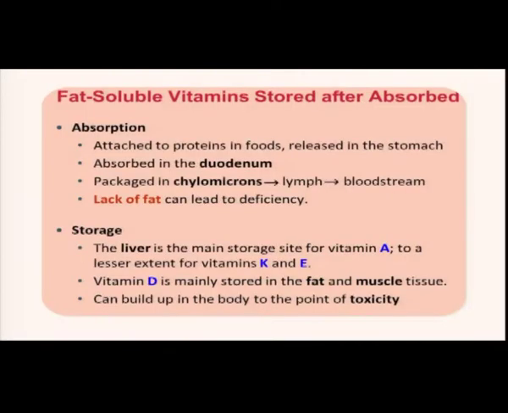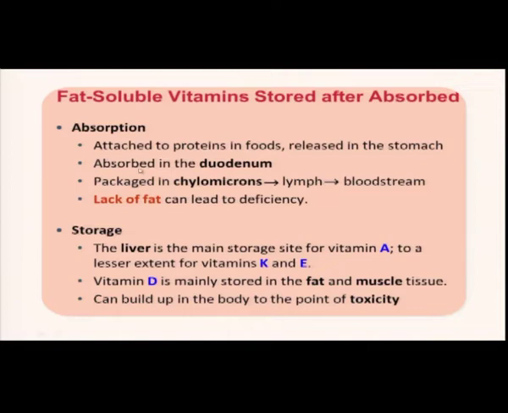In any case, proteins which are hydrophilic in nature would bring down the surface tension and thereby increase the absorption of fat soluble vitamins. Once this is done, they could easily cross the duodenal barrier, because the duodenal barrier is a checkpoint and would readily permit water soluble substances. The moment it goes inside, you have the emulsified fat soluble vitamins present along with lipid particles, and the lipid particles are categorized depending on the size.